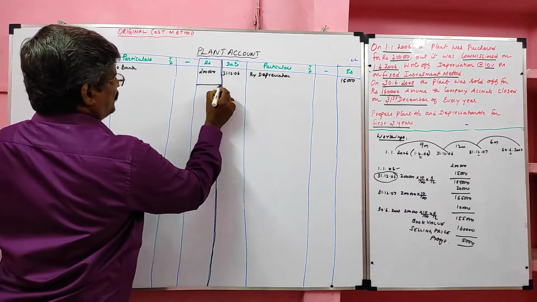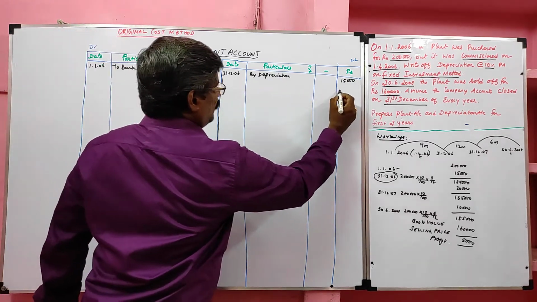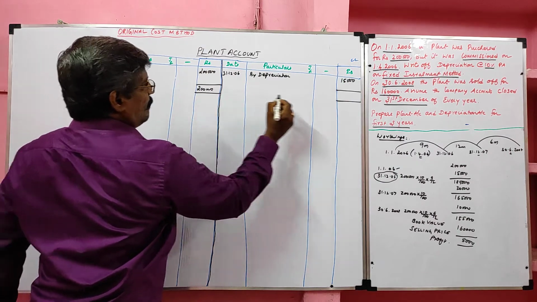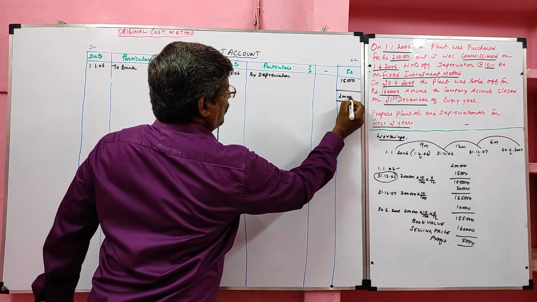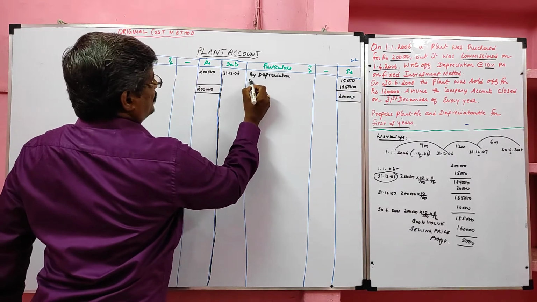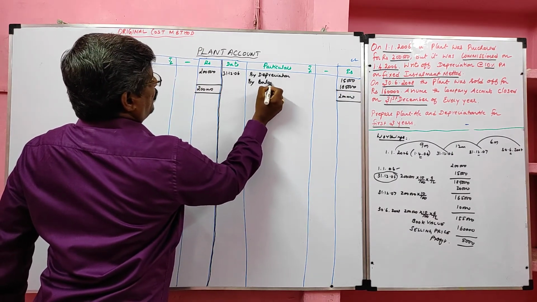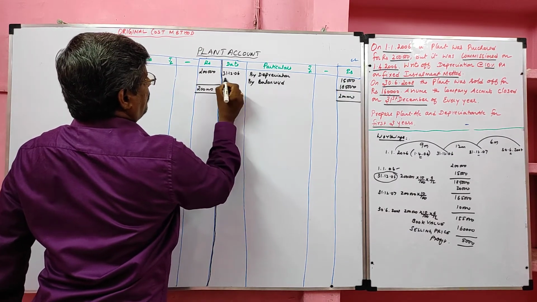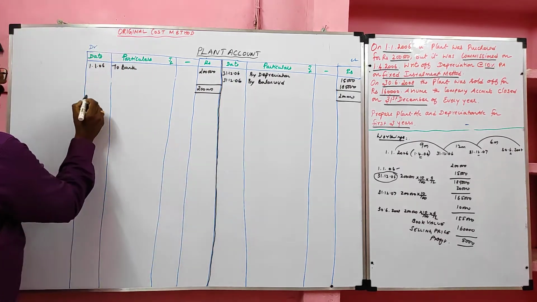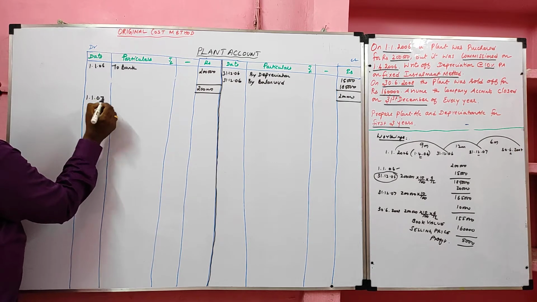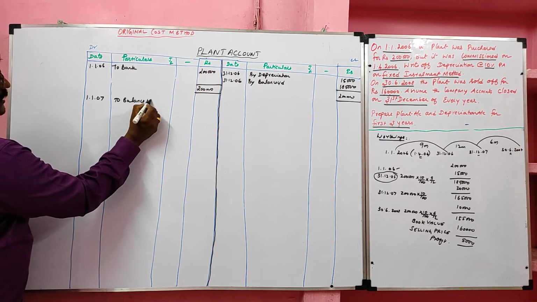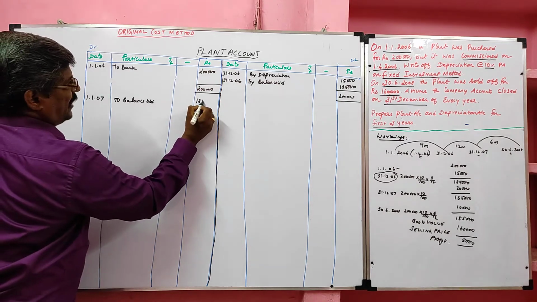We have to balance it. So first year we purchased, on that we have to provide depreciation. So 2 lakh minus 15,000, balance 1,85,000. The book value at the end of first year, 1,85,000, is the opening balance of 1st January 2007. To balance b/d 1,85,000.